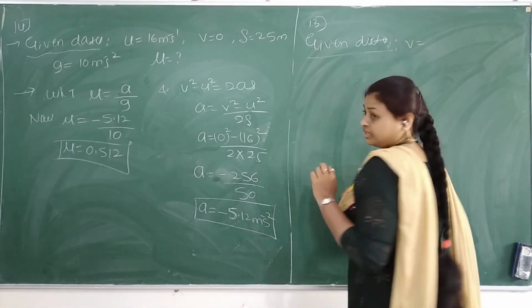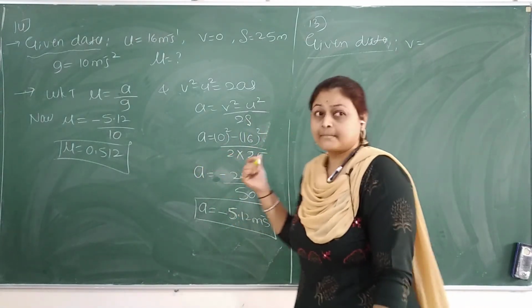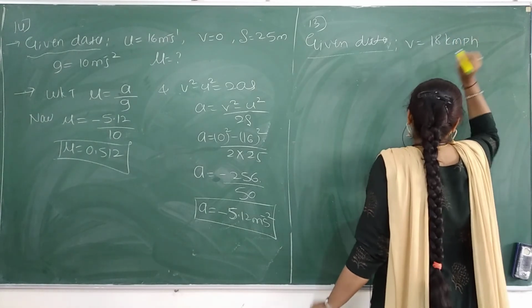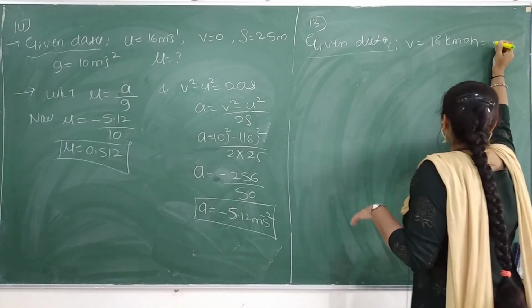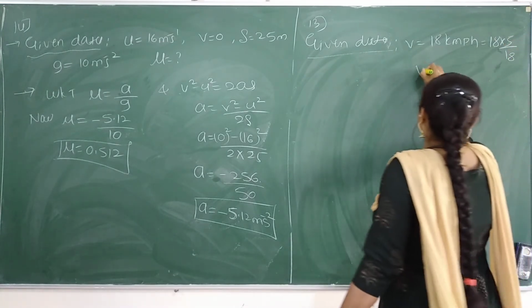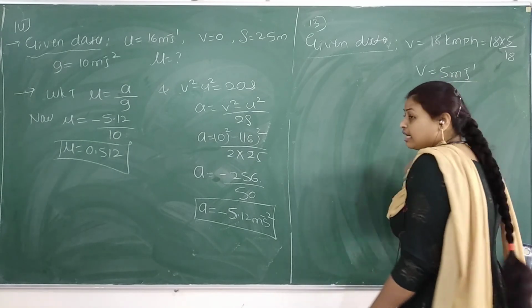Velocity: the cyclist is moving with a velocity of 18 kilometer per hour. Convert into meter per second: 18 into 5 by 18. How much will you get? 5 meter per second. This is the velocity.